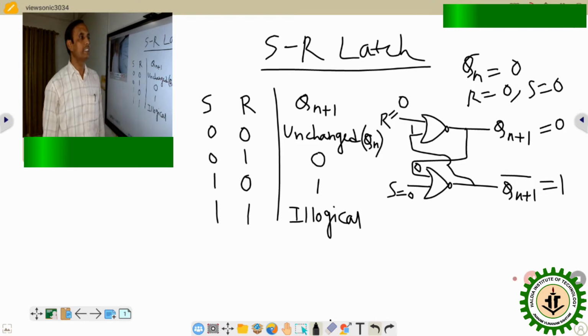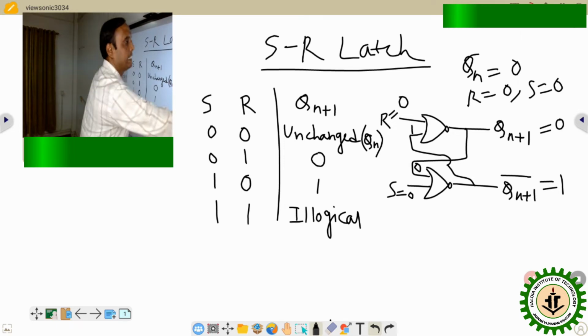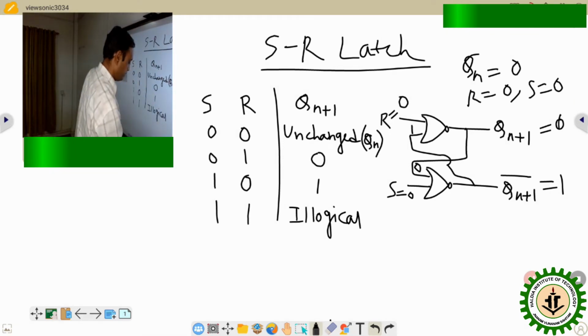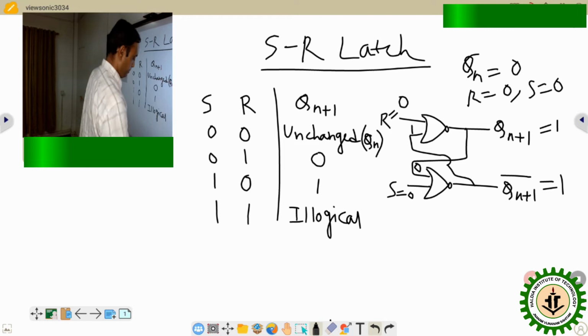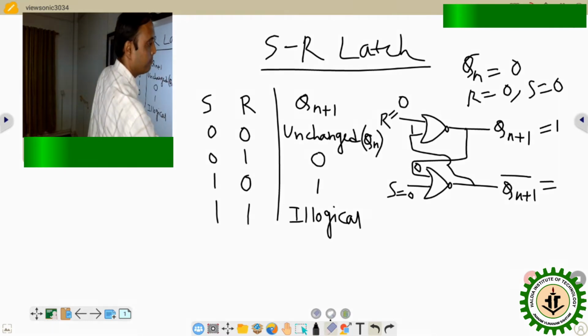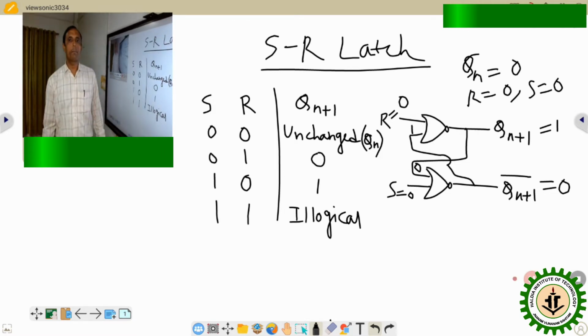Same thing, if we consider that the present output is 1 instead of 0 and the complement of the present output is 0, then also we'll see, considering R equals 0 and S equals 0.